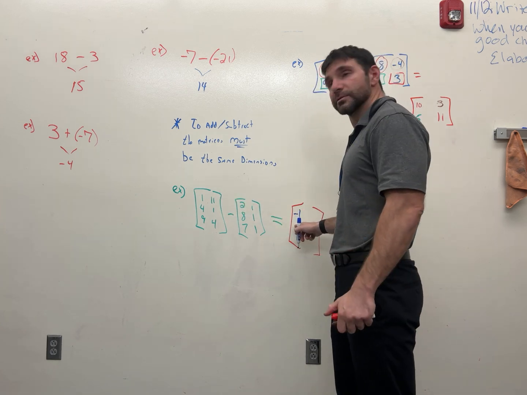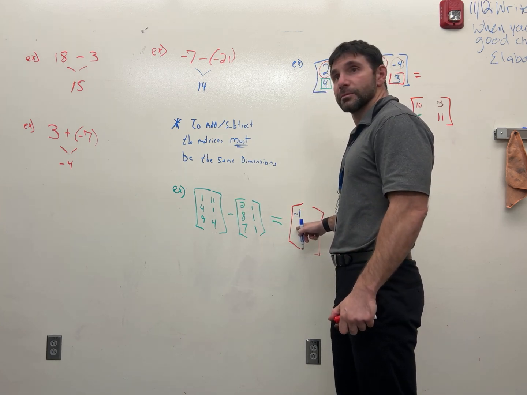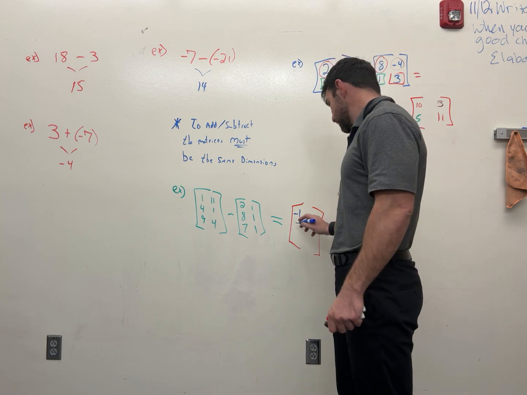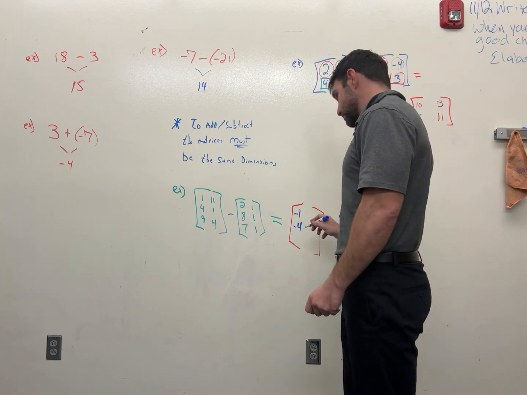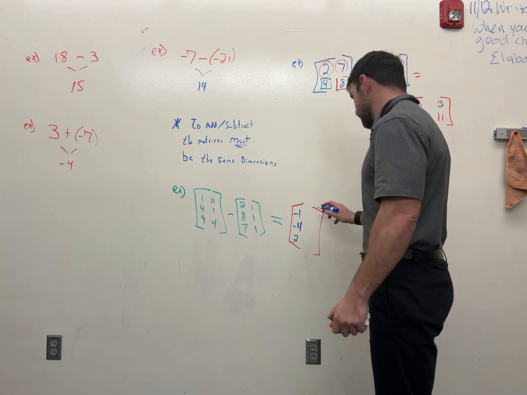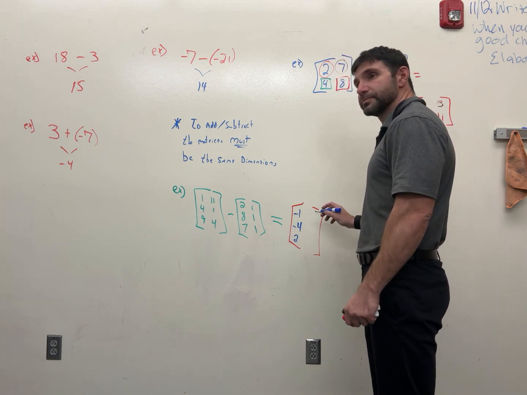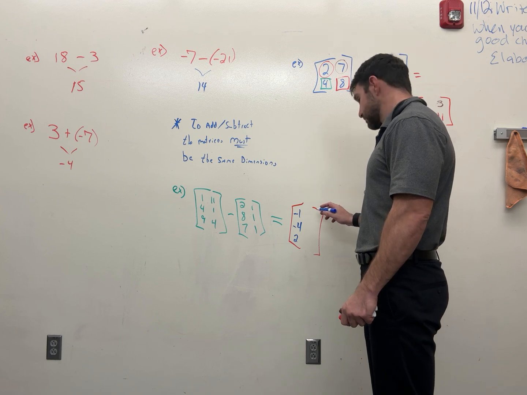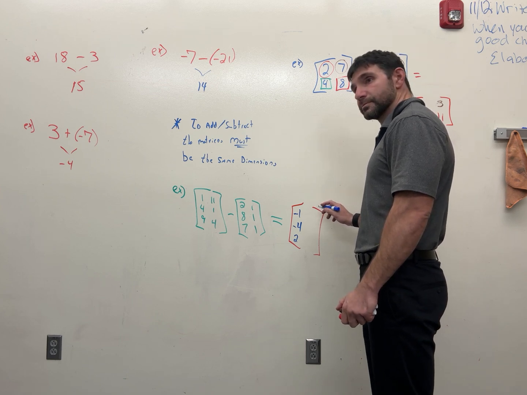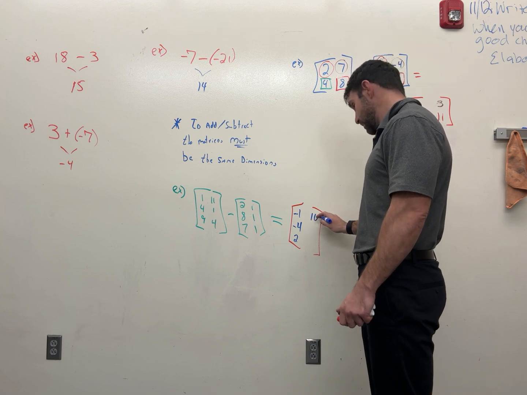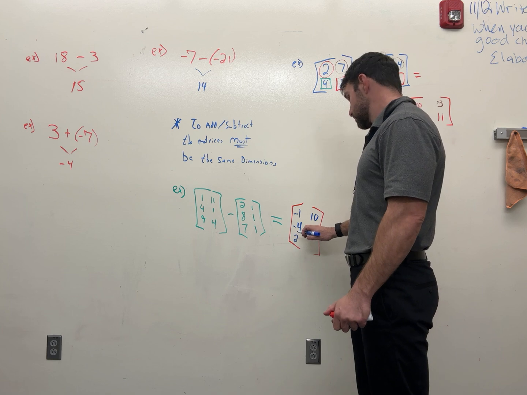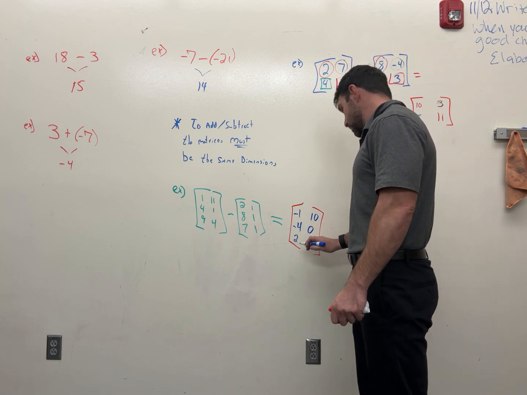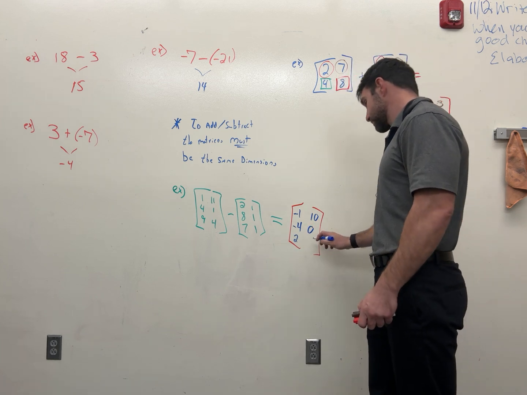So 2, 1 is this point. Negative 4. Lydia, 3, 1. 2. Patrick, 1, 2. 10, because 11 minus 1. William, 2, 2. 0. Lydia, 3, 2. 3.